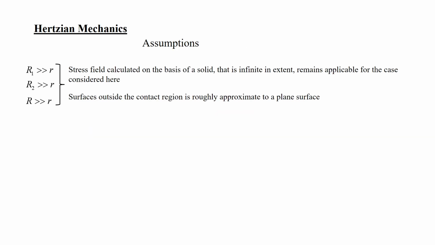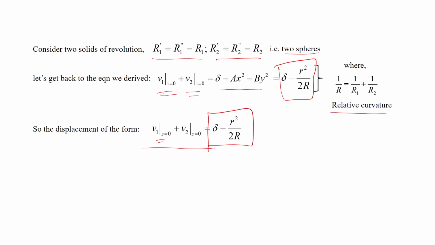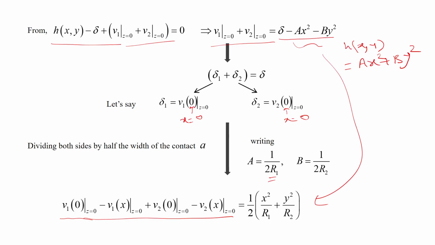Let us say that we have to make a few assumptions over here in order to connect what we are talking about today to what we had talked about earlier. So, what are these assumptions? One of them is that R1 and R2 are much larger than r here. The r here is the contact radius, r or a, whatever.